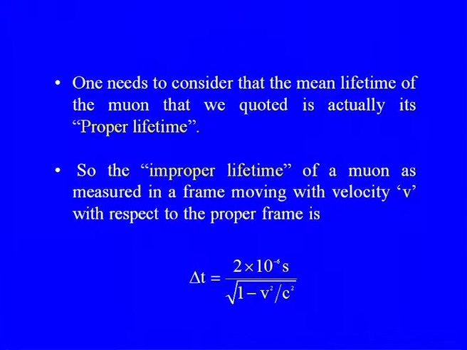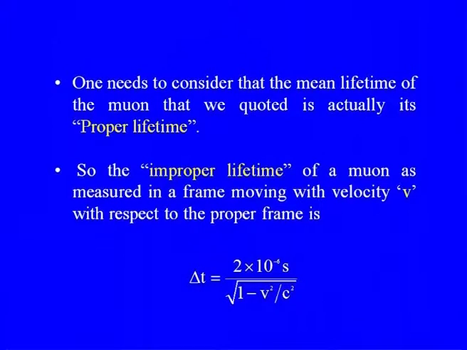Well, one needs to consider that what is given as the mean lifetime of this muon is actually its proper lifetime. So, when you are measuring the length in the laboratory, you need to divide by this quote unquote improper lifetime.